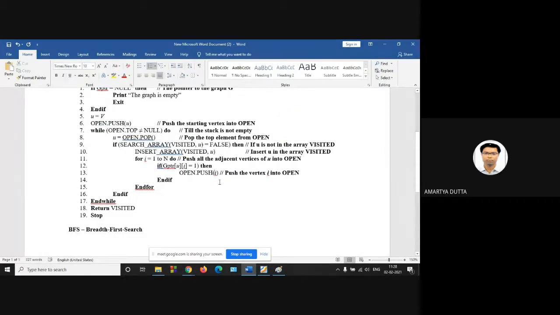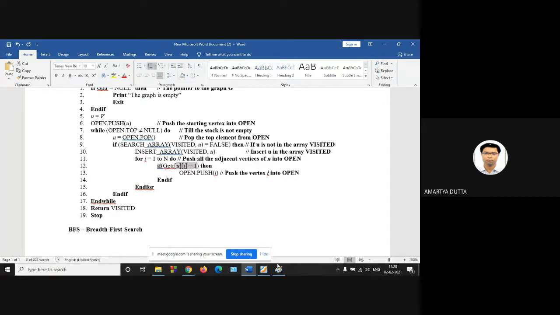Right now, is it okay? Sir, can you explain this part once again? I missed what you said about the push. For I is equal to 1 to n. Yes. So if your GPTR U and I is 1.